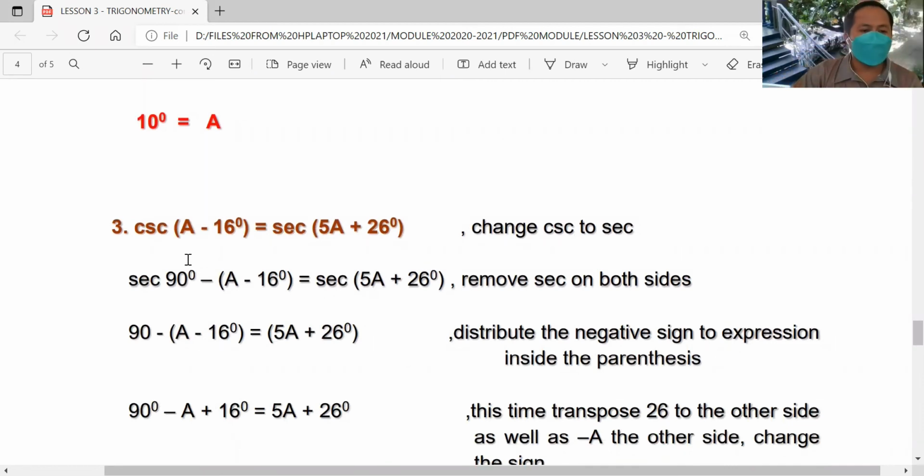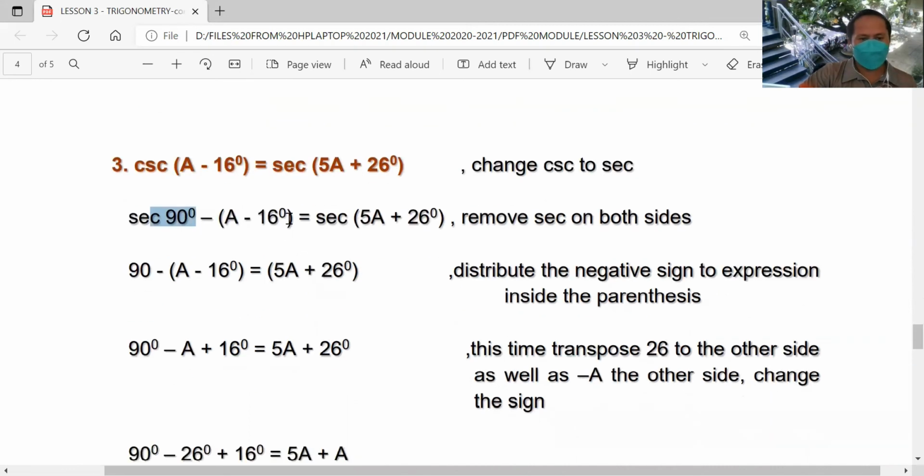We have cosecant of a minus 16 degrees is equal to secant of 5a plus 26 degrees. The given angle here is a minus 16 degrees. So we subtract it from 90 degrees: 90 degrees minus a minus 16 degrees.